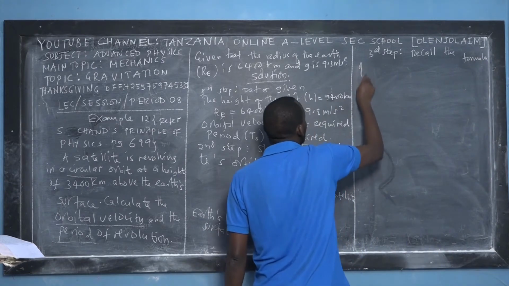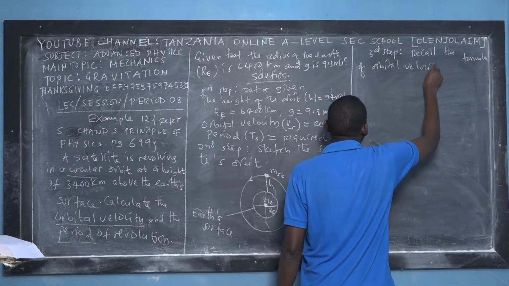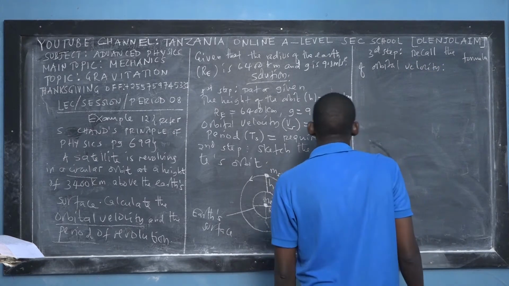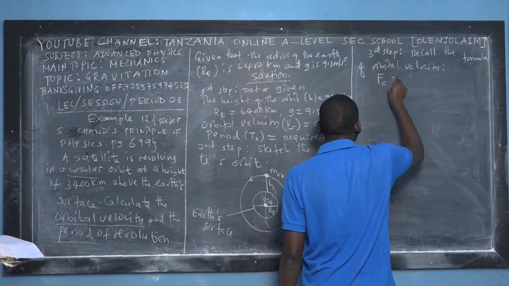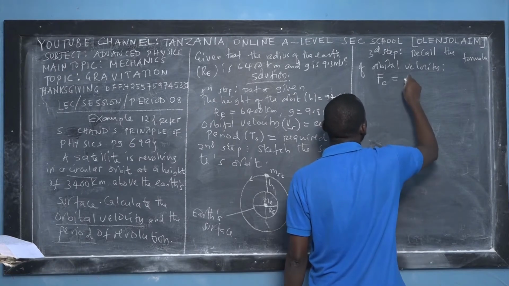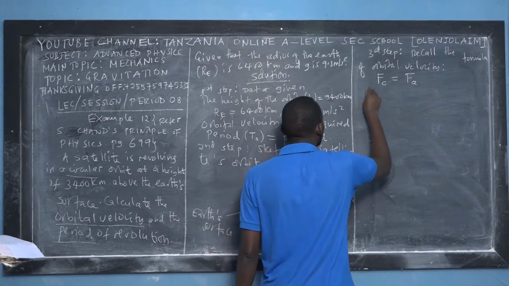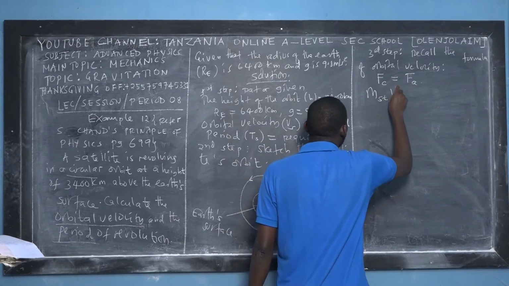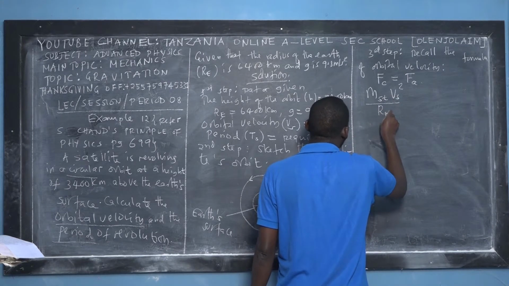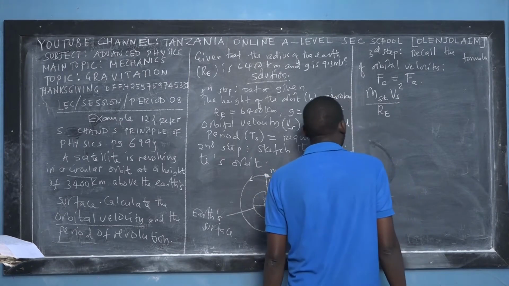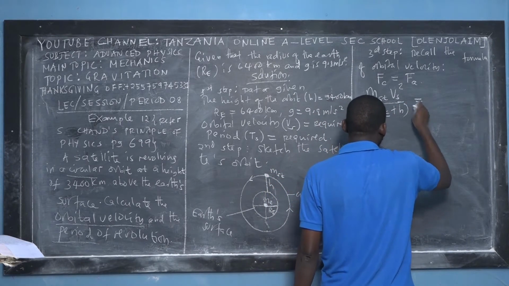I mean that you should recall the formula of orbital velocity. I told you, but in case you forgot, you should equate the centripetal force and the force of attraction. So the mass of the satellite times the square of the velocity of the satellite, over the radius of the Earth plus h, this is the centripetal force, right?